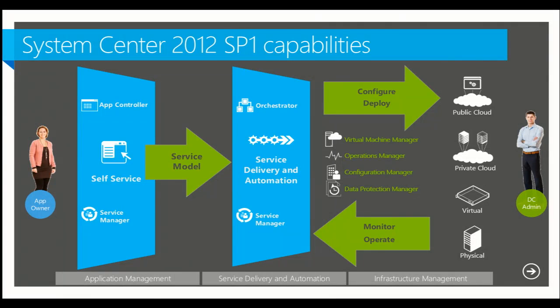Now, when you look at the middle piece, you see Orchestrator and Service Manager there. That's where the automation happens, and it's not only the technical automation. Service Manager is built for automating the process. So if you have notifications or manual activities that need to be fulfilled before a request is in place, you must automate it in there because there's a workflow inside Service Manager.